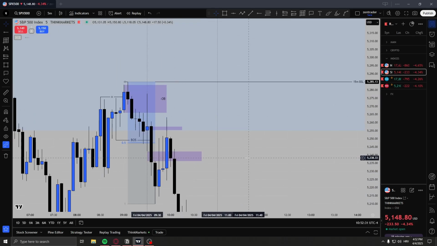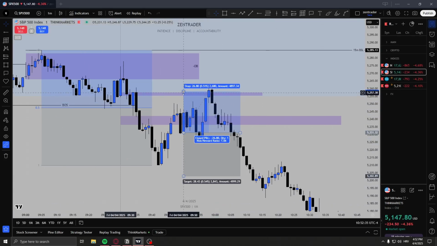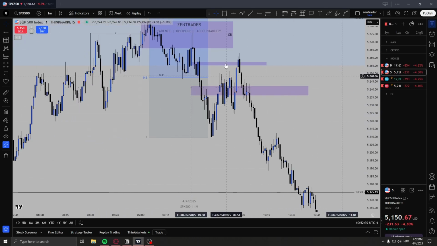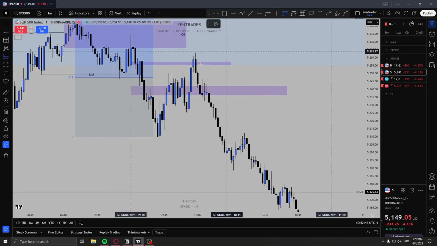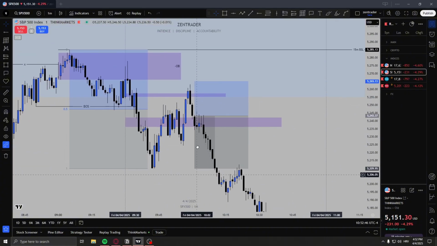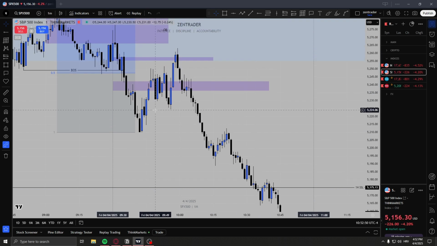So I guess I would maybe even be stopped out on this one if I took it. But yeah, that was the move down basically. We have a second inversion here, so maybe I would re-enter that if I got stopped out right here, and then target that, or this daily sell side, or the 1-hour sell side, whatever you want to target.